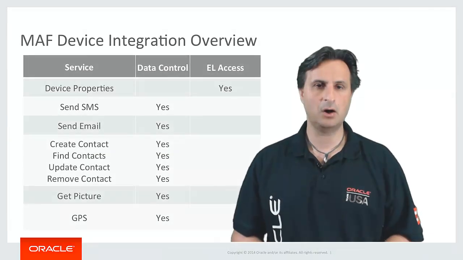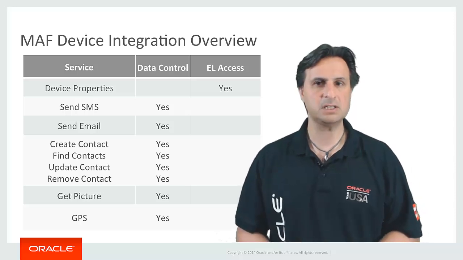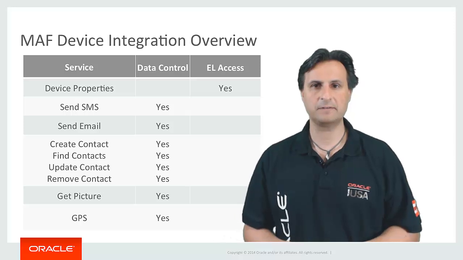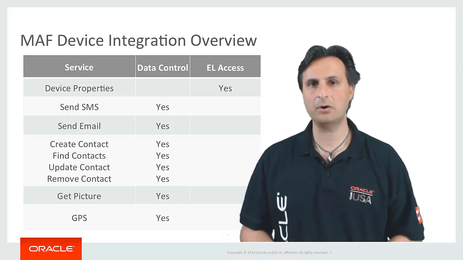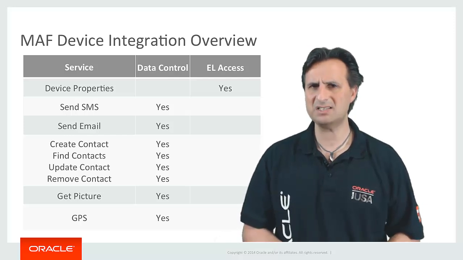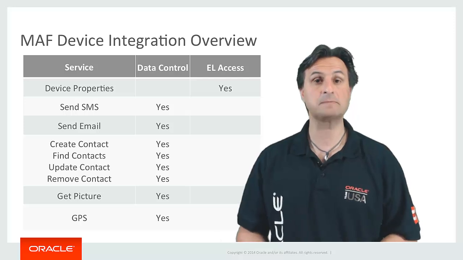So here's an overview of what capabilities you have and how you can access the functionality. What you learn out of this is that device properties are not exposed on the data control. If you think back, we didn't see it there. So the data control doesn't provide us that functionality. However, expression language will.